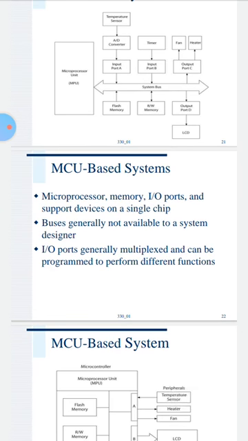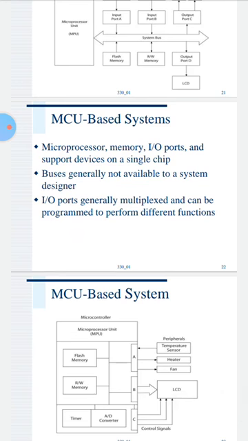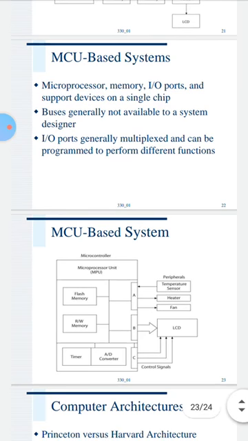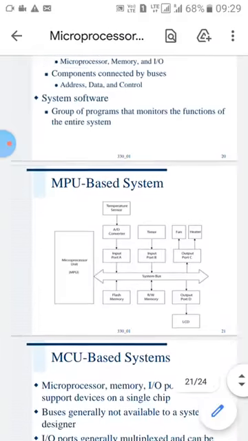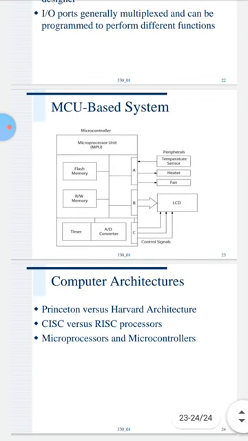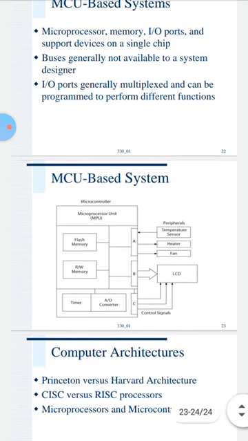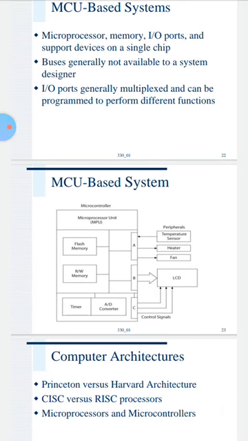Bus is generally not available to a system designer. In the system design step, buses are not available. Input-output ports are generally multiplexed and can be easily programmed so that we can get the output to different functions.